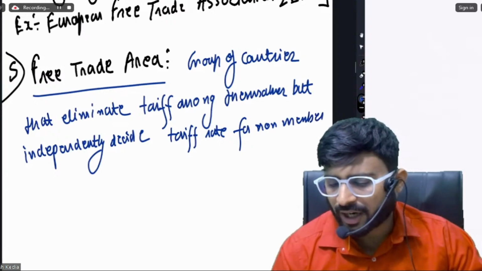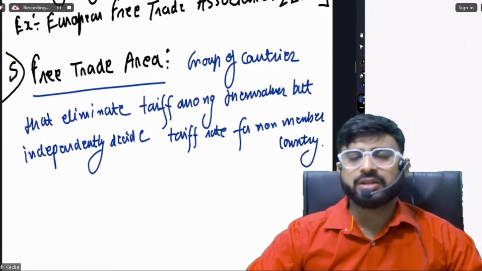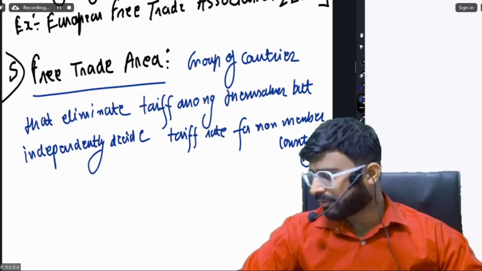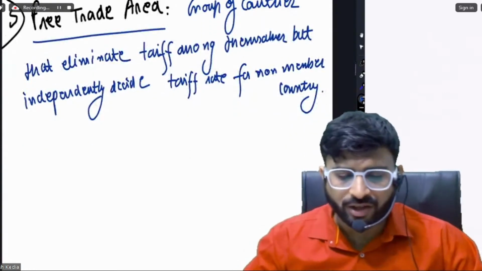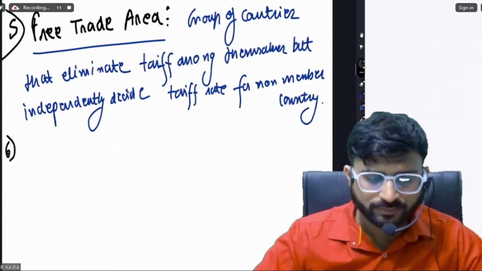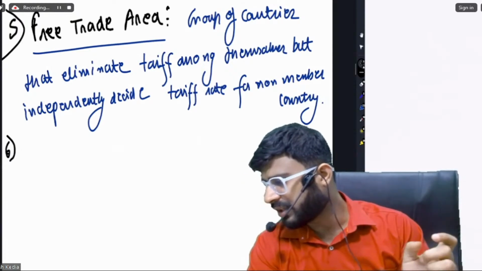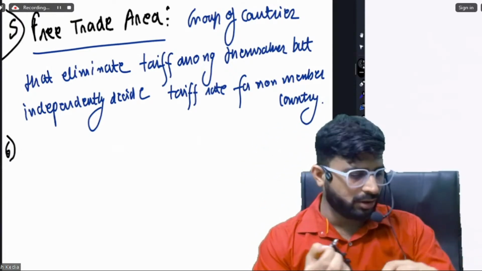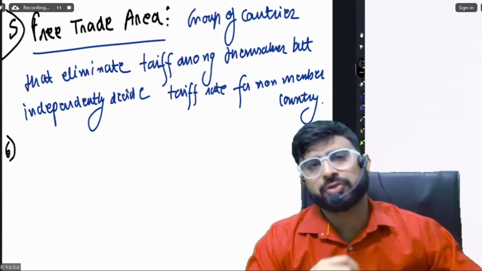That's free trade area for you, everyone. Is that clear, friends? If it's clear, then we'll talk about the sixth one, customs union.